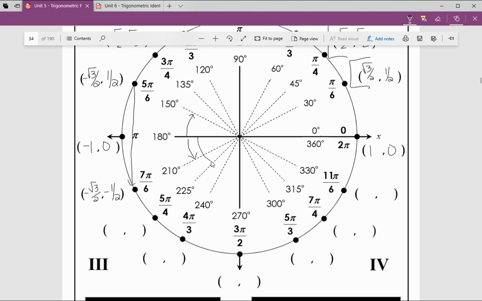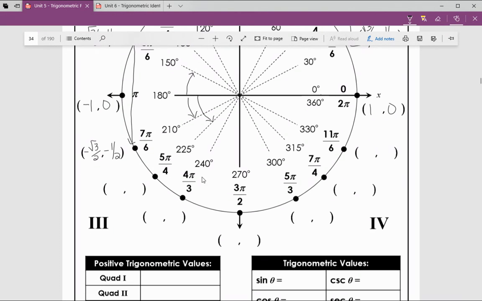What do you think we're going to get for the 225-degree angle? What ordered pair goes with those? Both of them. Yep. And then what do you think 4 pi over 3 or the 240-degree angle?